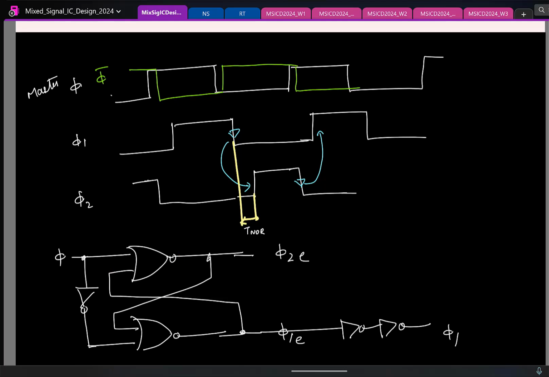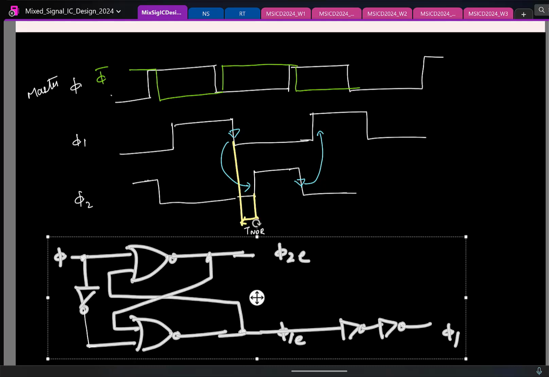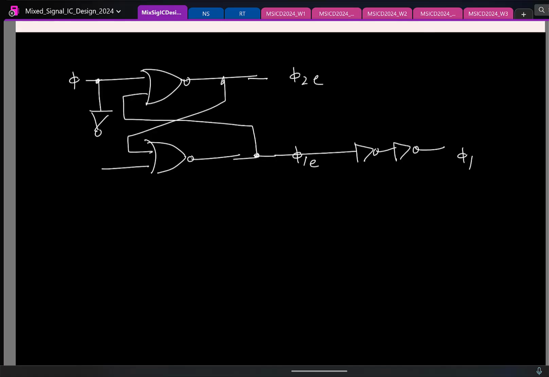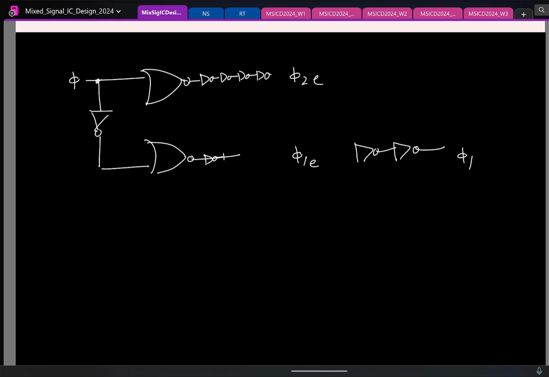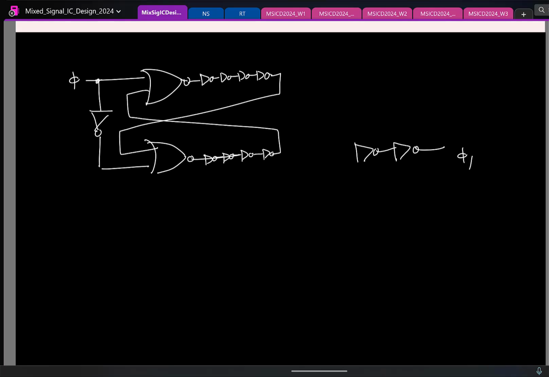You make the NOR gate more and more delayed, or you can intentionally add CMOS inverters, like this. Then you boost it. And you can call this the early version of phi 2, early version of phi 1, and you generate the other two clocks like this.